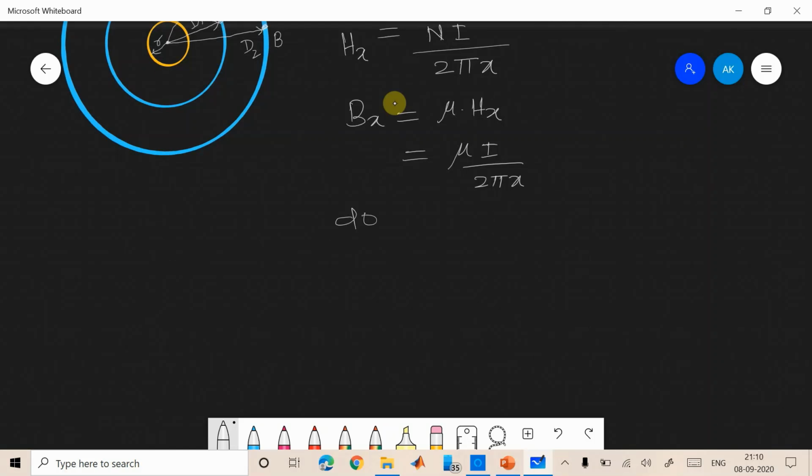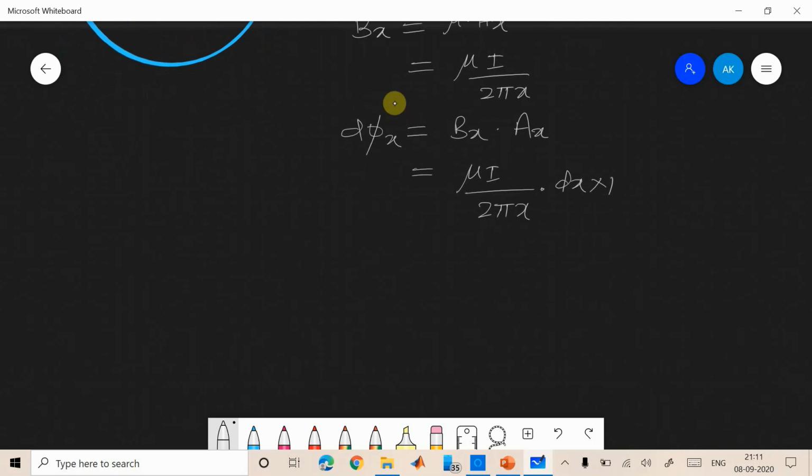How we will write d phi x? So d phi will be Bx into Ax. So your Bx is mu I over 2 pi x, and your area is how much? dx cross 1. So simply it is mu I over 2 pi x dx. This is your d phi x.